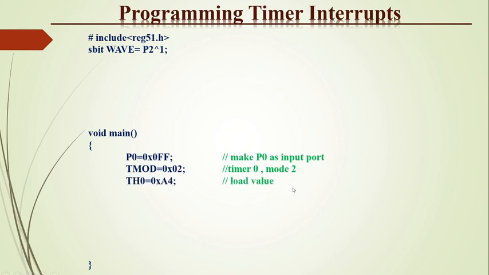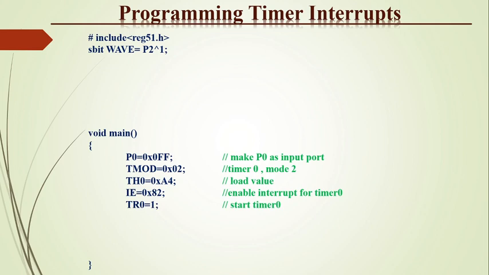Then we are moving the value A4H into the TH0 register for the square wave. Again, we are enabling the interrupts individually and globally using the instruction IE = 0x82. Now we start the timer using the instruction TR0 = 1.